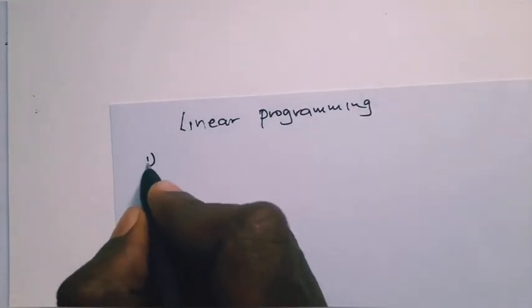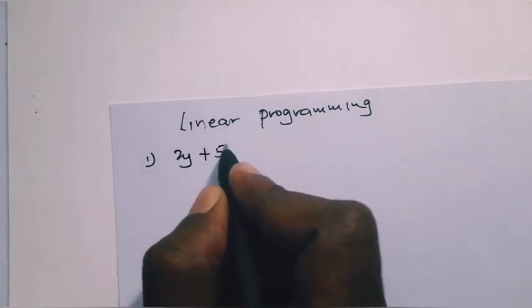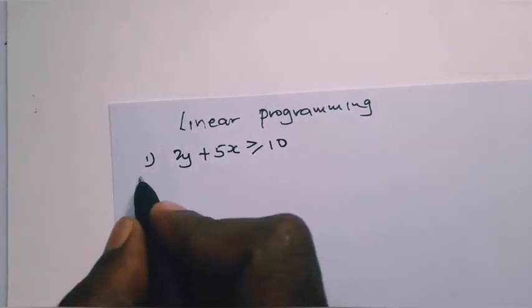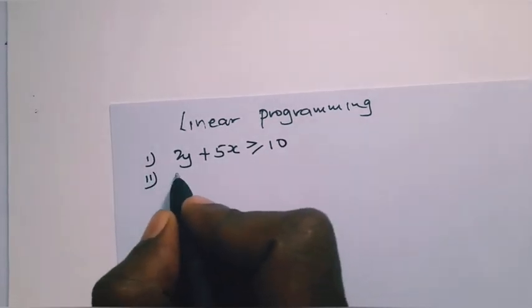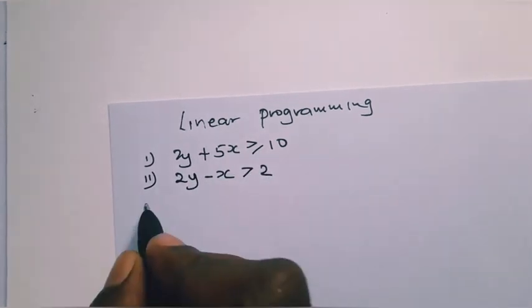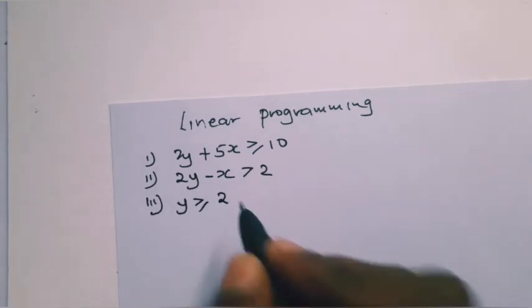After that, we have the inequalities. The first one is 2y plus 5x is greater than or equal to 10. The second inequality is 2y minus x is greater than 2. And the third one is y is greater than or equal to 2.